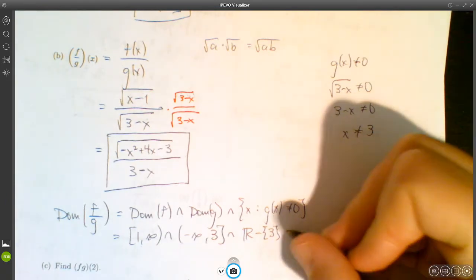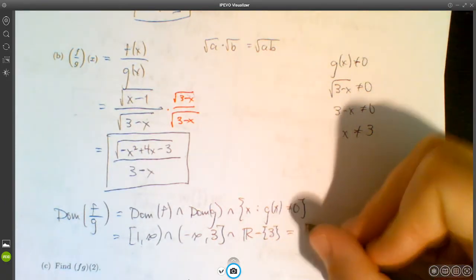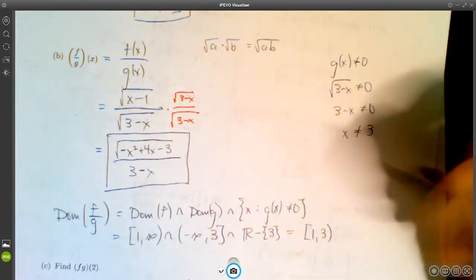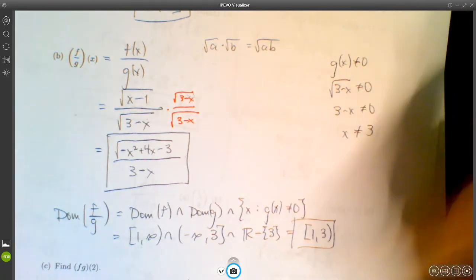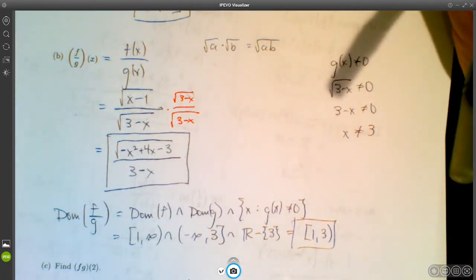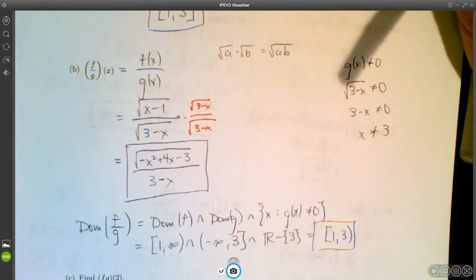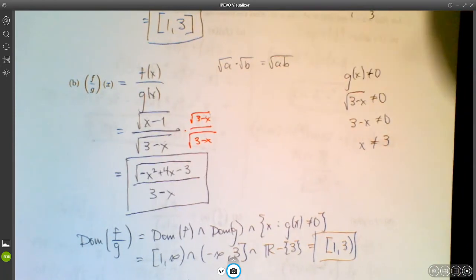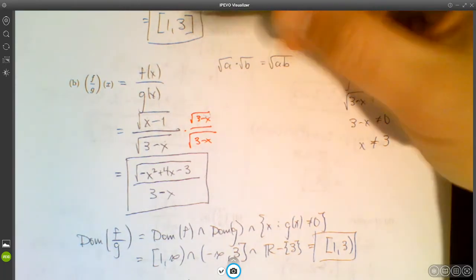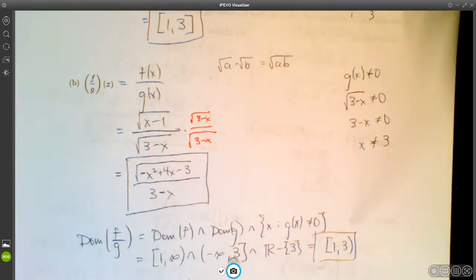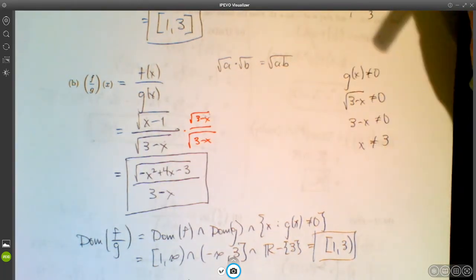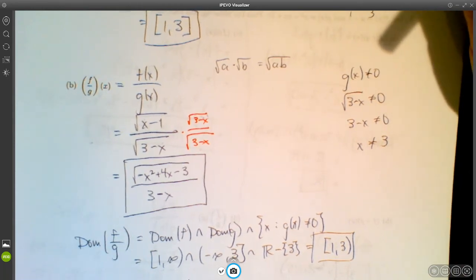So the domain of f over g in this case is going to be 1 to 3 with a parenthesis on the 3. A subtle difference in the domain between parts A and B, but there is a difference, right? In part A, x is allowed to be 3. In part B, x is not allowed to be 3. Otherwise, their domains are the same.